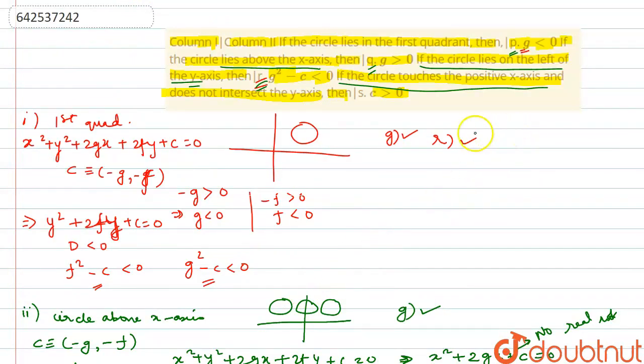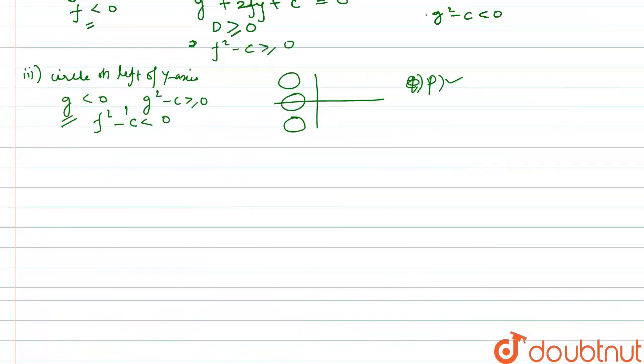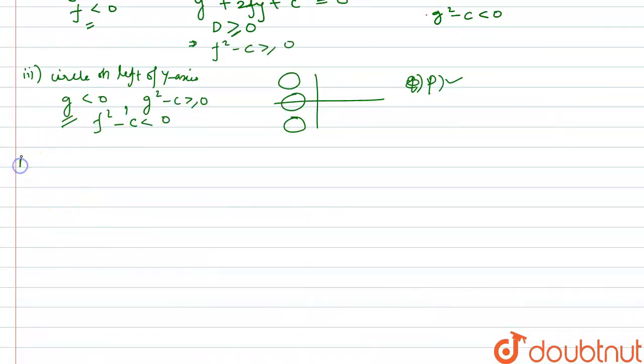And the final statement is that if the circle touches the positive x-axis and does not intersect the y-axis, then. So in this case, we are told that the circle touches the positive x-axis and does not intersect the y-axis.